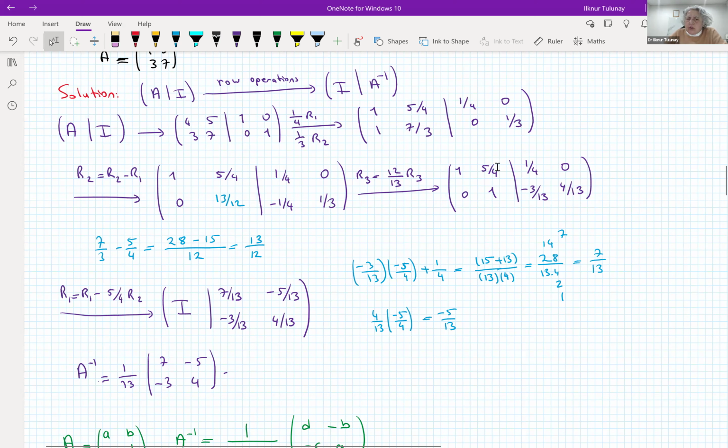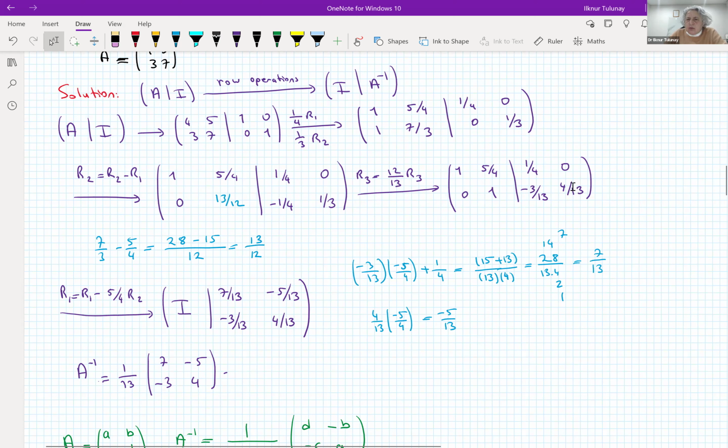Now we want this position to be 0. All we need to do is multiply this row by -5/4 and add it here. So that will be 0. We multiply -5/4 with this number and add here. This is what I've done here. -3/13 times -5/4 plus 1/4 for this position, we'll have 7/13.